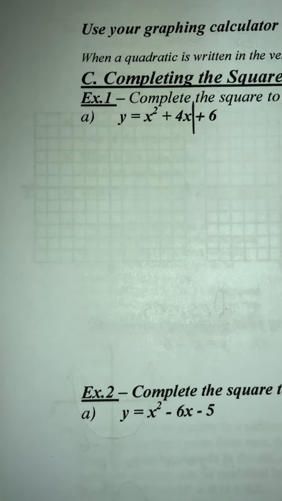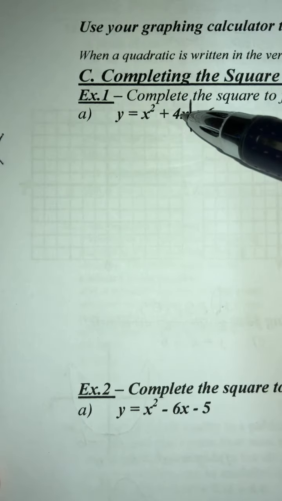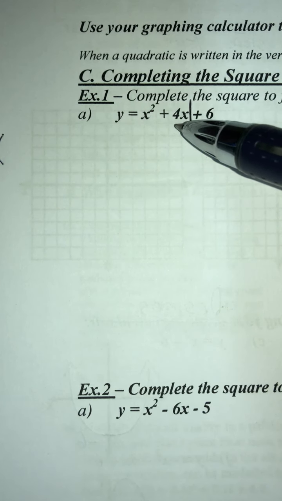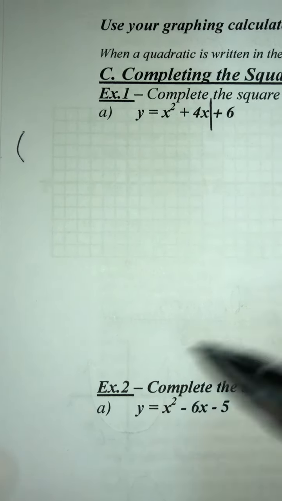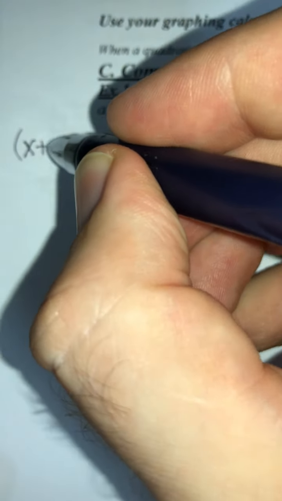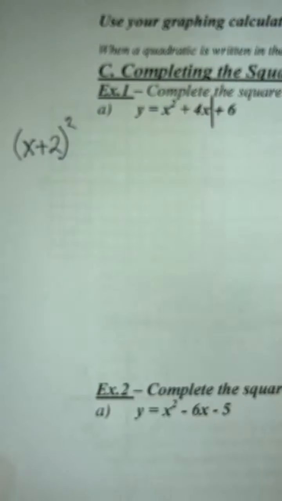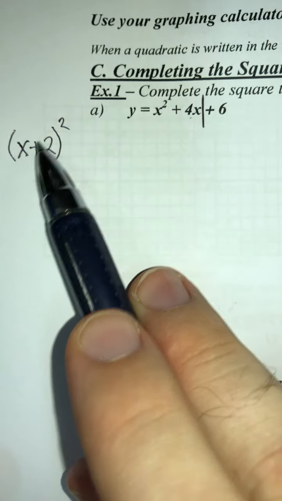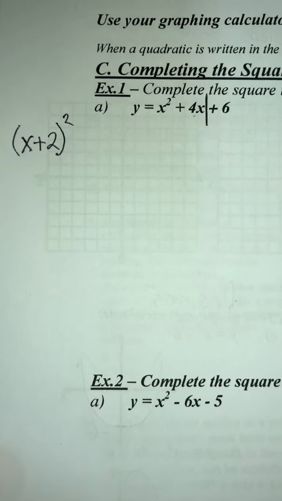So what I essentially want for this is to take the term in front of the x and divide it by 2. So 4 divided by 2 gives you 2. Whatever this term divided by 2 is, I want to get x plus that term, all squared.